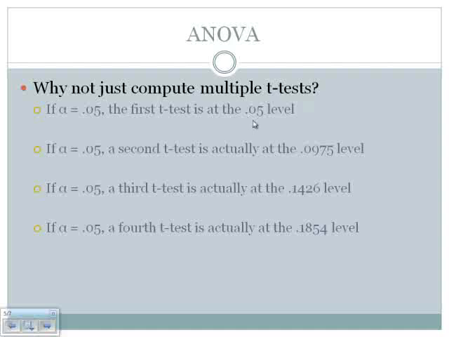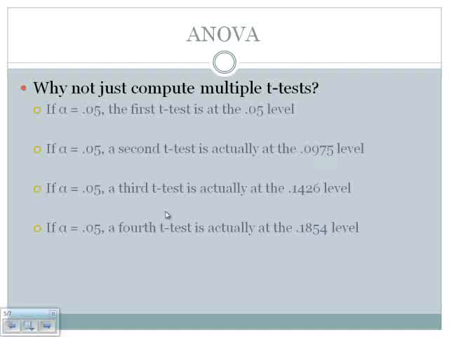As a review, what you were suggesting is that you're willing to make the wrong decision 5 times out of 100, or 5 times out of 100 any difference that you observed could have happened by chance. But if you move on and do a t-test to look at the difference between group 1 and group 3, the second t-test, your alpha level actually rises to 0.0975. And so what you're actually saying between both of those tests is that almost 10 times out of 100 any of the differences that you observed could have happened by chance.